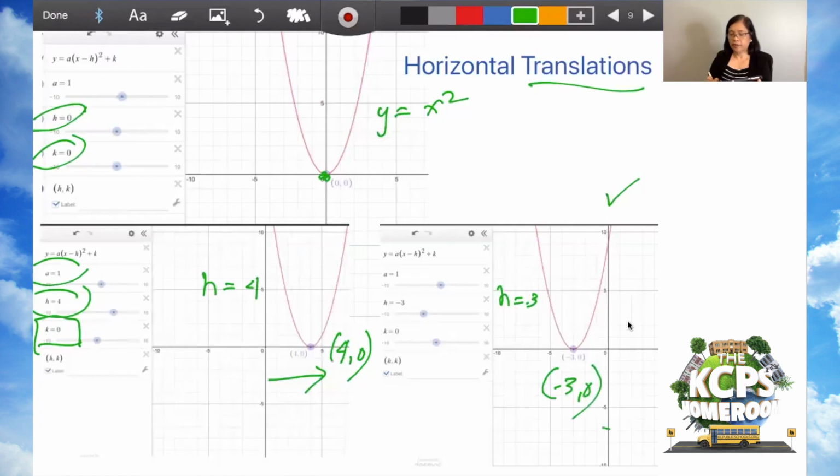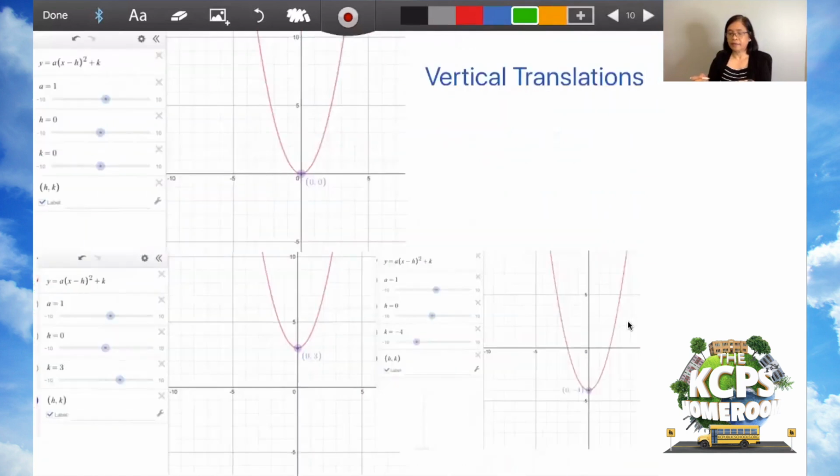It's a movement to the left. It's a slide, a horizontal translation. This is affected by the value of h. It's the value of h that affects this movement. Slide h. Take note of that.